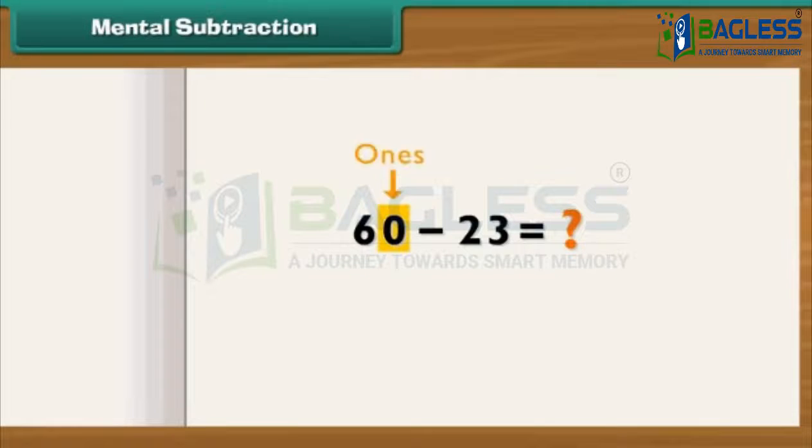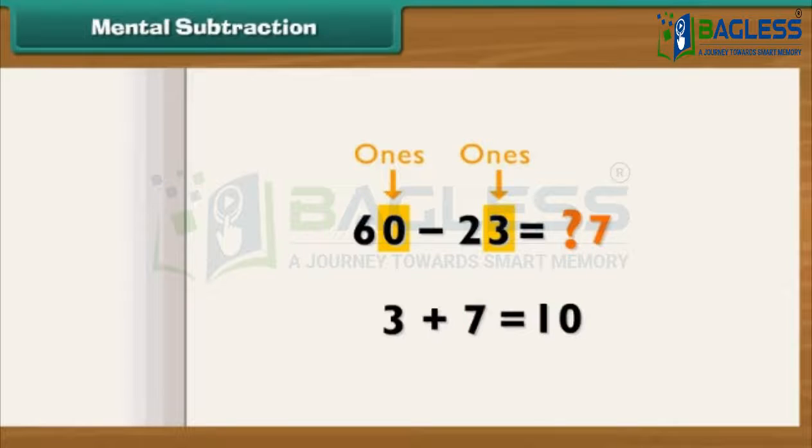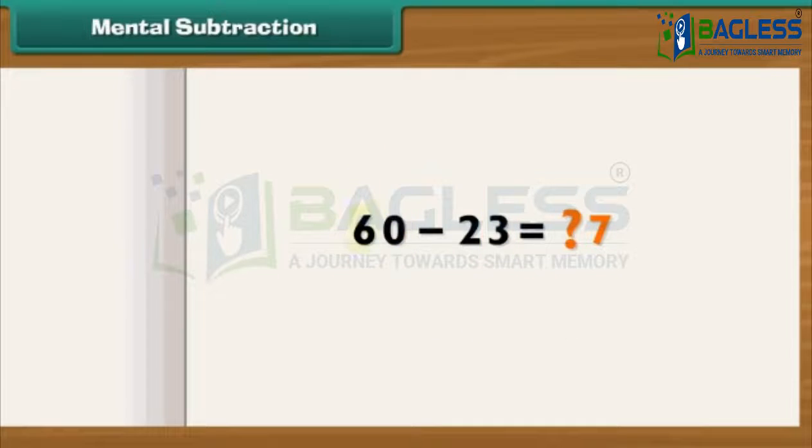The ones place of 60 is 0 and the ones place of one of the numbers is 3. So we have to find what should be added to 3 to make it 10. 7 is to be added to 3 to make the sum 10. Thus, the ones place of the second number is 7. The tens place of the sum is 6.